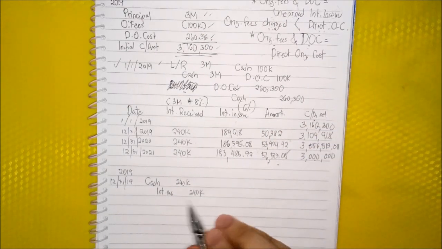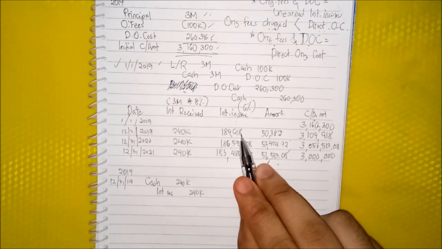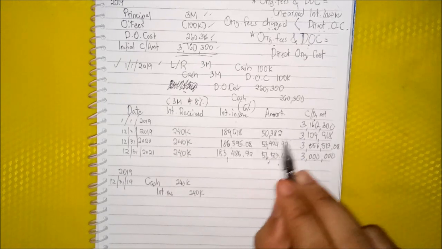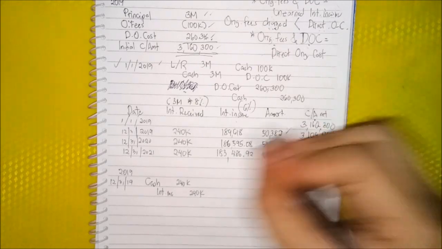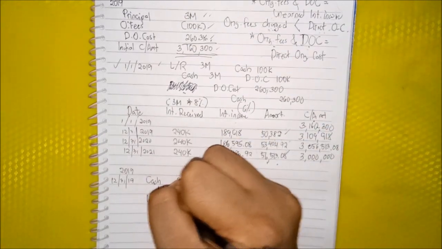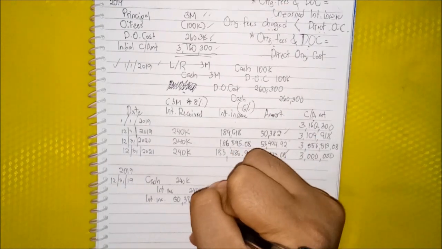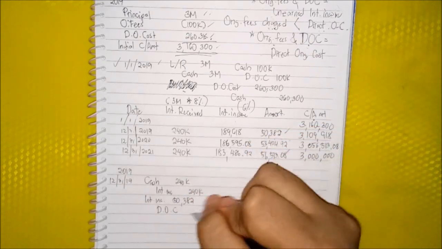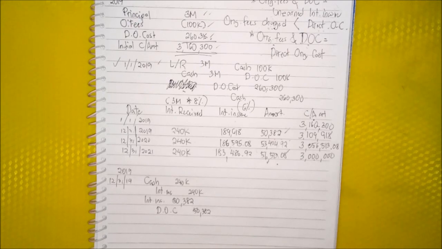So, ibig sabihin, mag-a-adjust pa itong 240,000 na ni-record na dapat 189 lang yung interest income. So, may amortization dito na 50, yung difference. Ito yung i-record natin na isa. So, debit interest income, kasi mababawasan ng 50,382. Credit, direct origination cost, which is 50,382. Same amount.